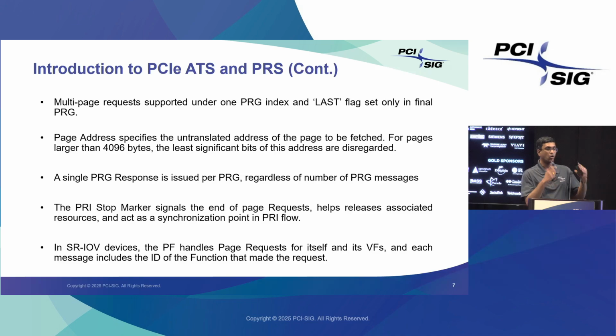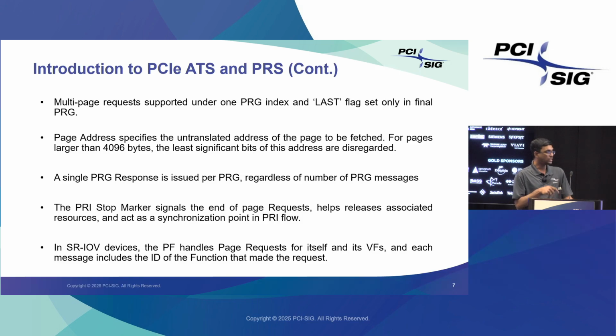So this capability is already reducing the overhead in the protocol, and this improves the performance a little bit. And this PRI stop marker, whenever there are events like FLR and low power states, all these states, they have the stop marker message format also to coordinate whenever FLR happens.